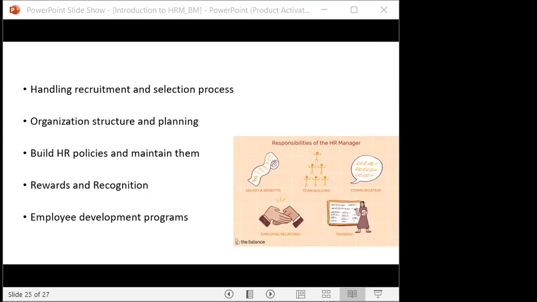If you all are clear, then you can copy these 5 responsibilities and write 5 more responsibilities which you can find from the vacancy advertisements.